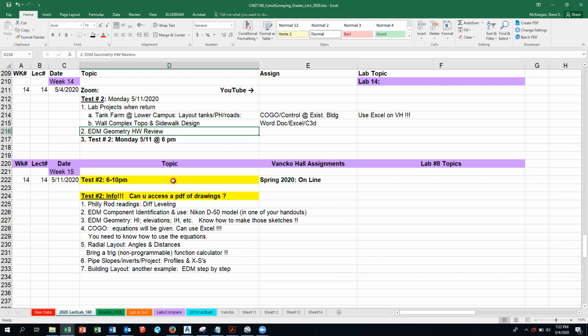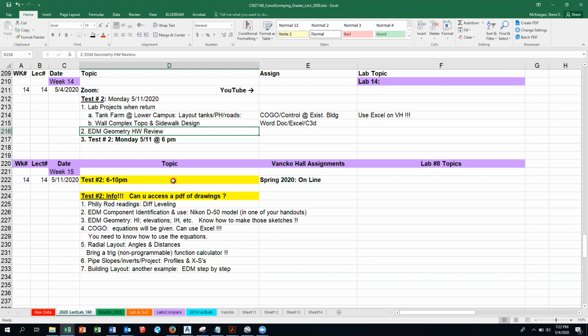For this and heavy civil, I'll be giving you a grade of IP, which is in progress. I don't think they're going to have me give you a letter grade, but I will give you the number average. You will be able to raise those averages when you come back.